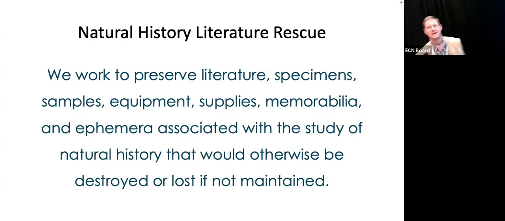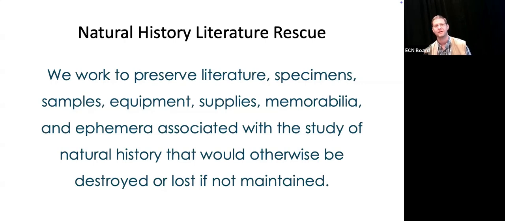Okay. Natural History Literature Rescue. We work to preserve literature, specimens, samples, equipment, supplies, memorabilia, and ephemera associated with the study of natural history that would otherwise be destroyed or lost if not maintained. This is a very wide net. And it's not entomology literature rescue, it's natural history. The reason that this is written up this way is because a few years back, we were asked to come in.